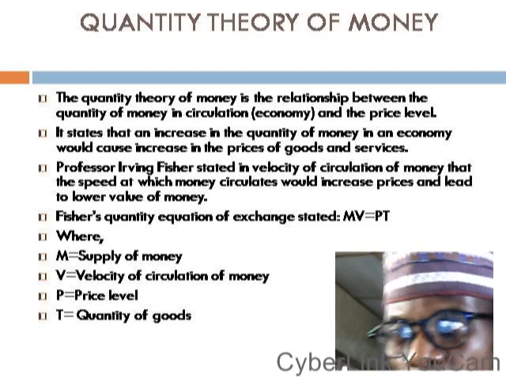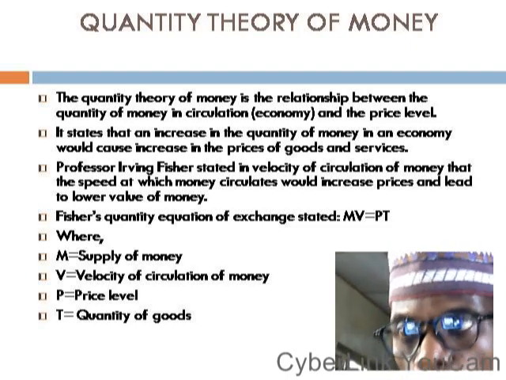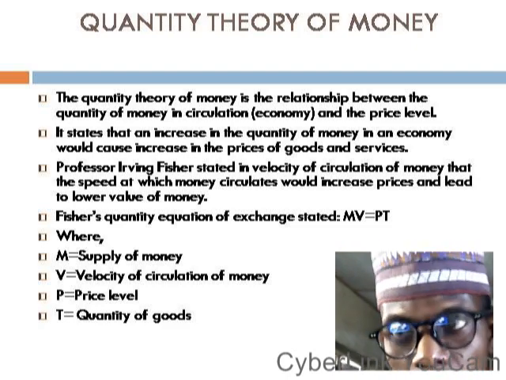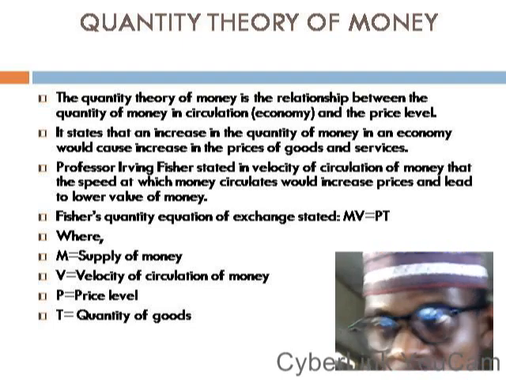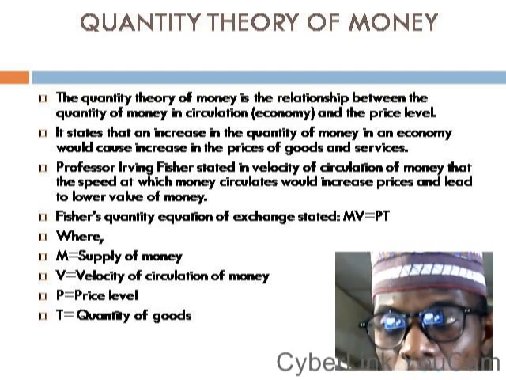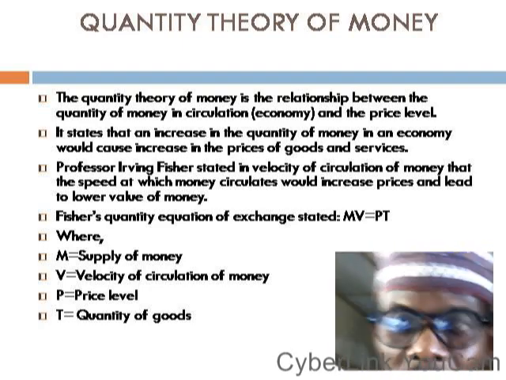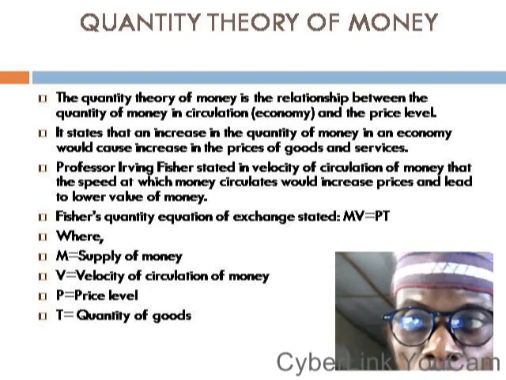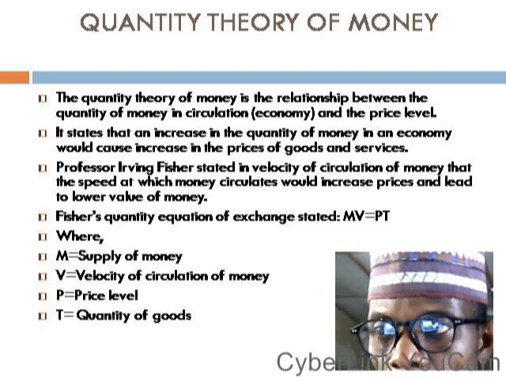It states that when the speed at which money circulates in an economy continues to increase, it will increase the price of goods and services in that economy, and it will lead to a lower value of money. That is all about Fisher's theory.